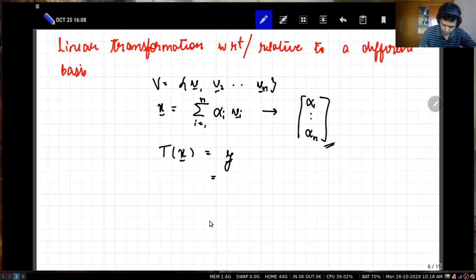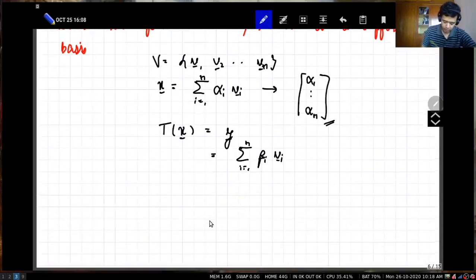Now we want to write this not in terms of the standard ordered basis, but in terms of the basis v. So this is the sum over i going from 1 through n of beta i vi. Right? So we can represent y as a linear combination of the vi's, right? So our goal is to find this transformation.